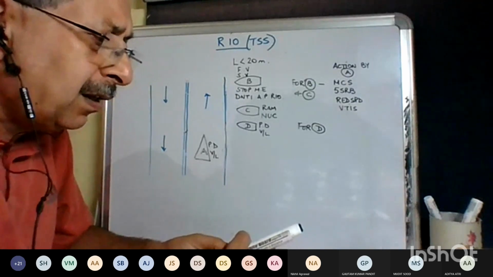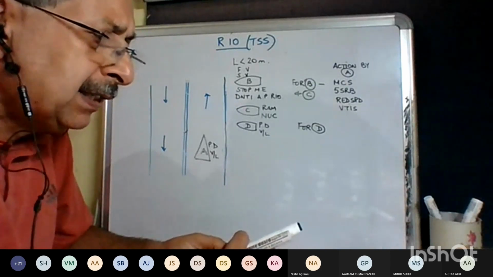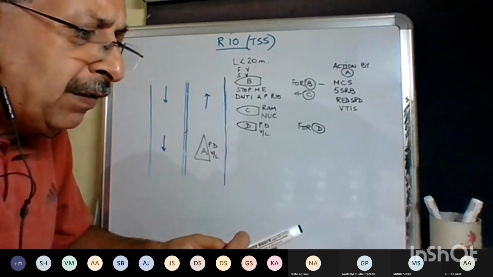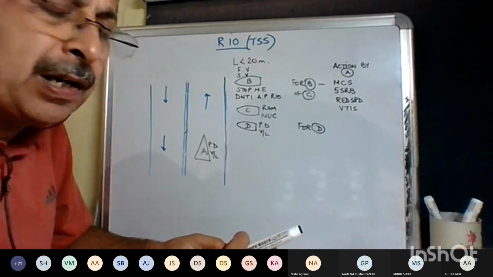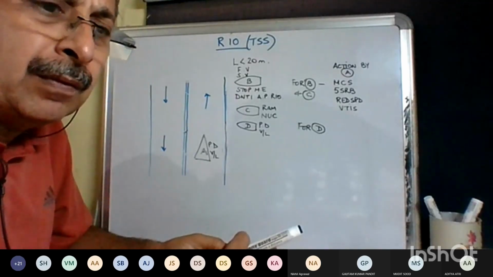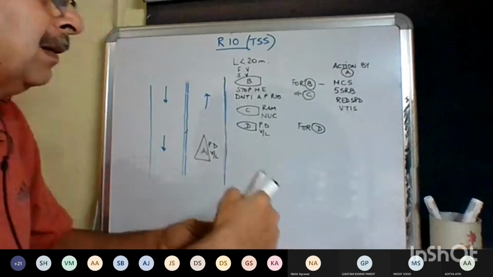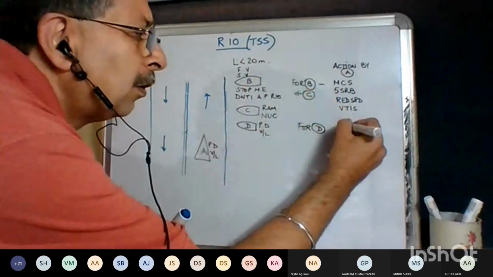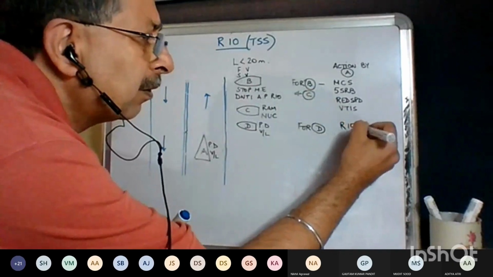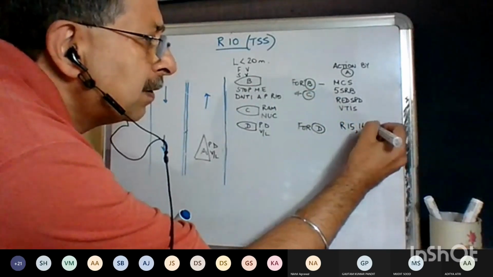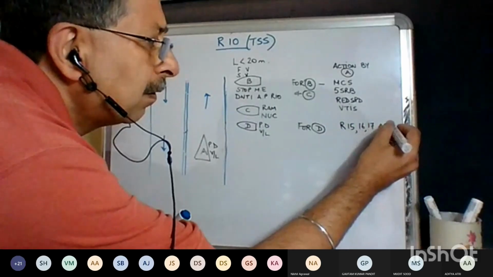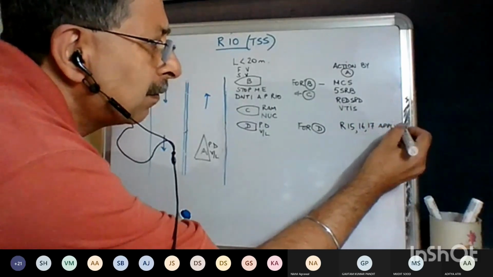The first line of 10 Alpha says it does not relieve any vessel of any obligation under any other rule. That means rules 15, 16, 17 will apply.